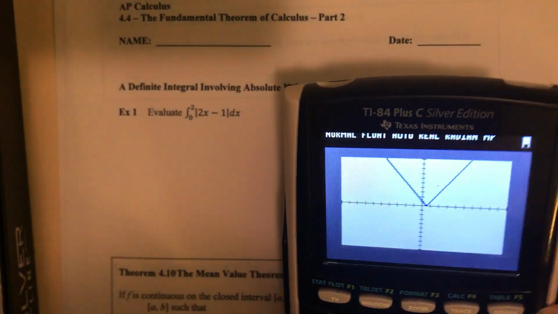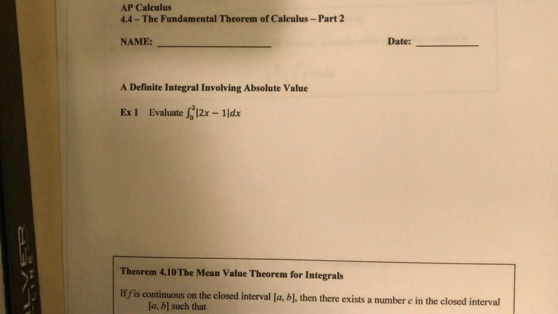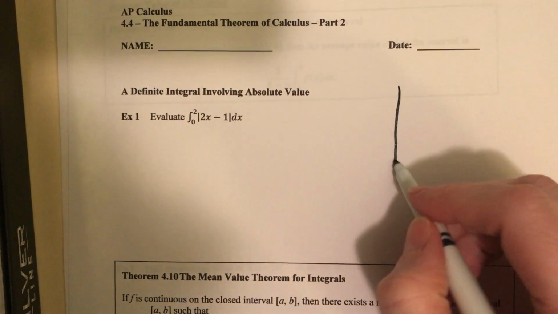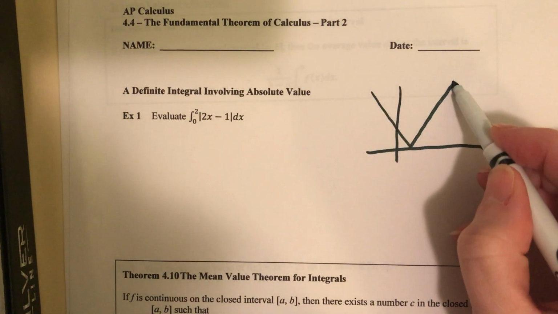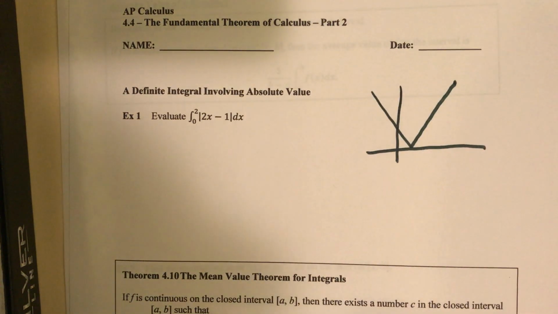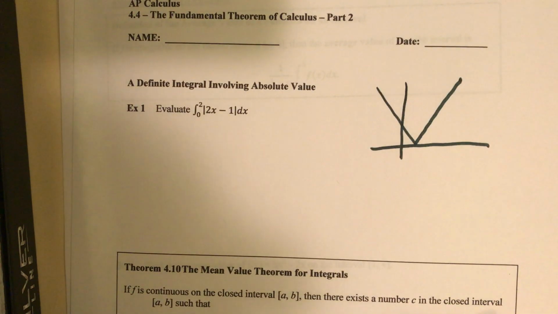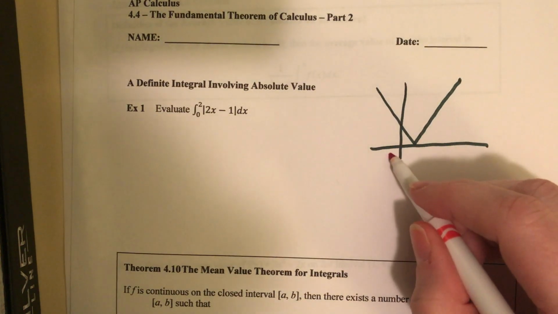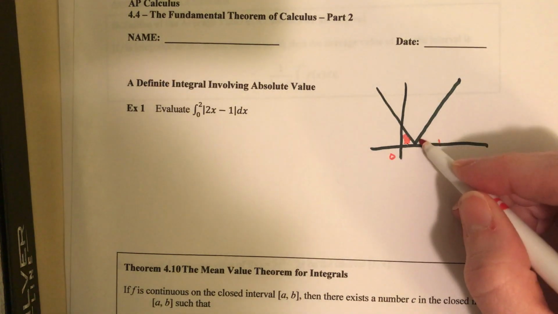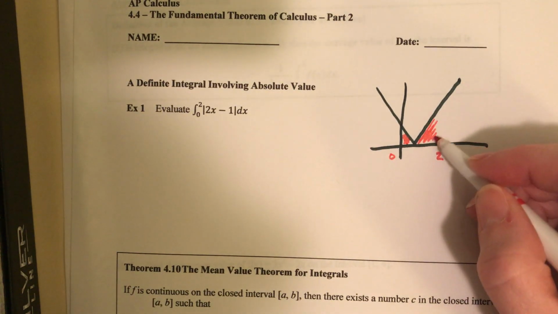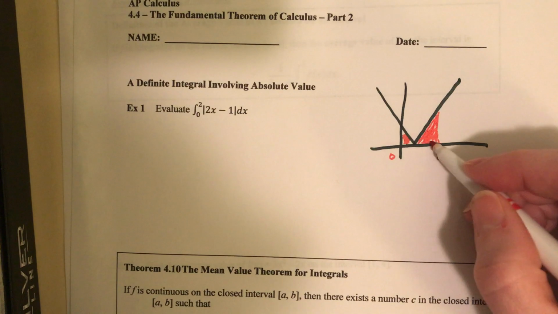So I'm going to draw a sketch on my paper of this. And I'm going to go from 0 to 2. So it looks like we're going to have this little triangle over here plus this triangle over here.